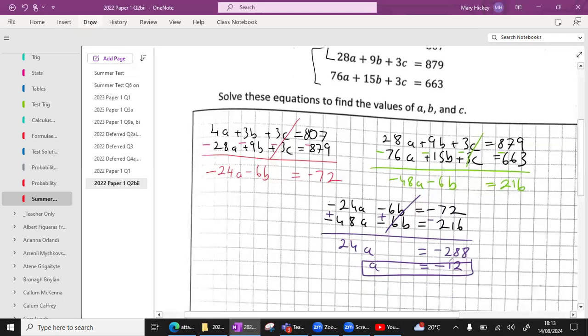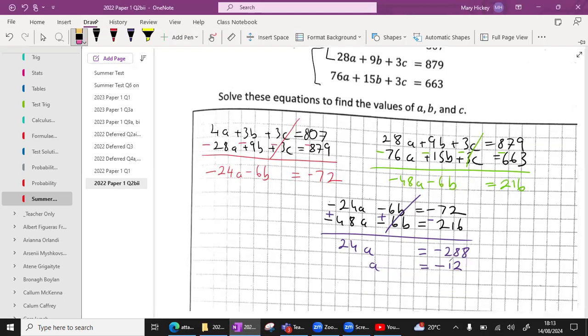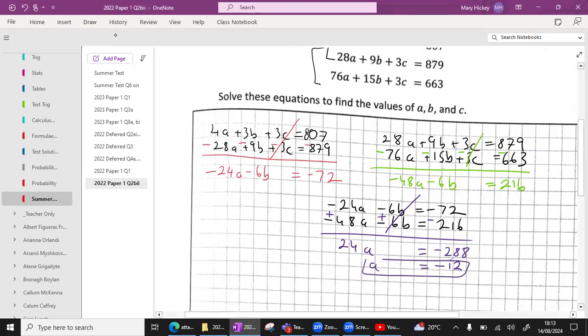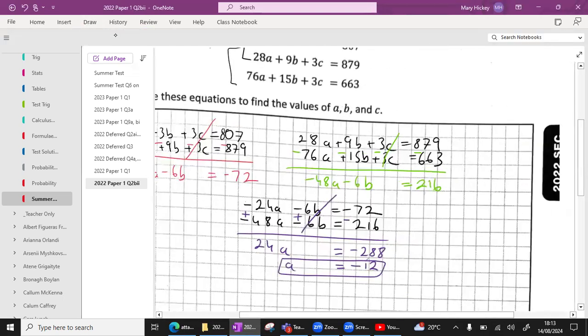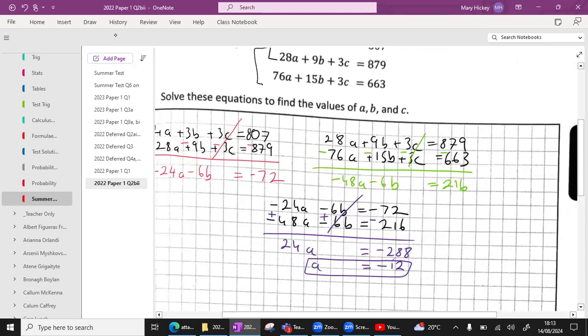Now, I'm going to fill in that minus 12 for the a. So I'm going to go back to either the red or the green. It doesn't matter. I'll just go ahead and do the red. Minus 24a minus 6b is equal to, replacing a with minus 12, that is negative 24 by negative 12, so that's positive 288, minus 6b, minus 72.